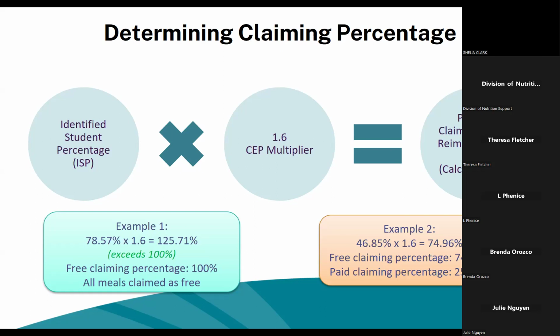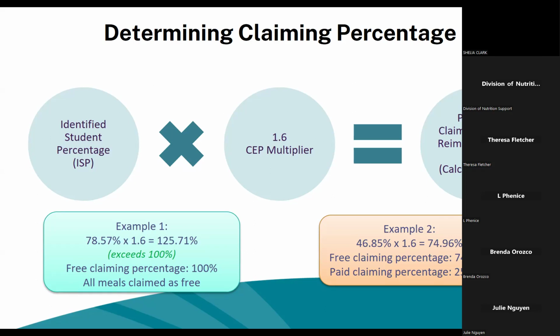So in order to determine your claiming percentage, so the rate at which you're reimbursed, the ISP is multiplied by 1.6, which equals the percentage of meals claimed at the free rate. The remaining meals served up to 100% are reimbursed at the paid rate.